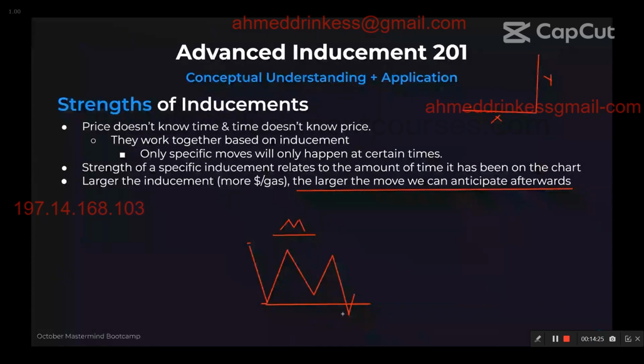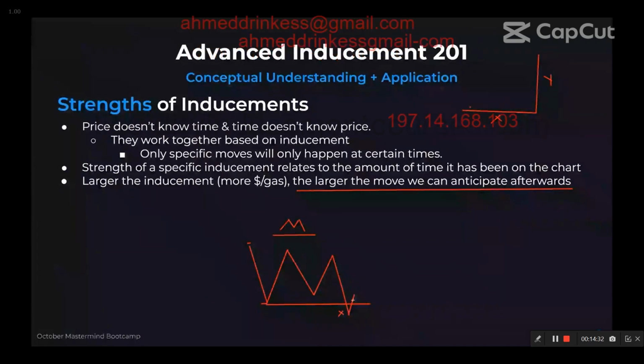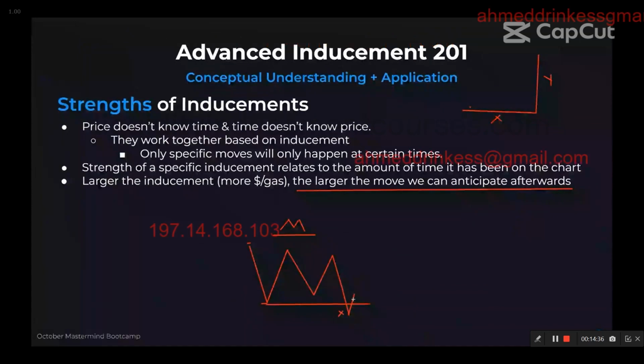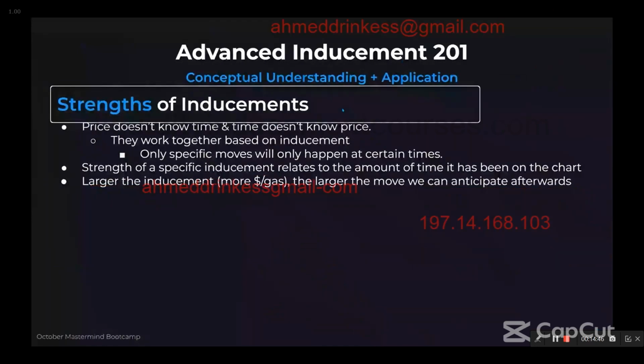GU did not mitigate an order block. Now we don't have any reference to the left because it's already made these all-time lows, right? So it just took enough liquidity to go higher. With that being said, the strength of inducement is related to the time frame that it's on, and we're about to go through that on the next slide.